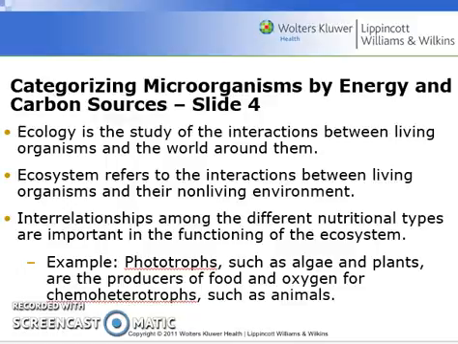And when we study all of the ecology that's out there in multiple systems, then we start looking at ecosystems. An ecosystem refers to the interactions that exist between living organisms and their non-living environment. So when we talk about an ecosystem, we're talking about any interactions in which organisms interact with anything that's non-living in the environment.